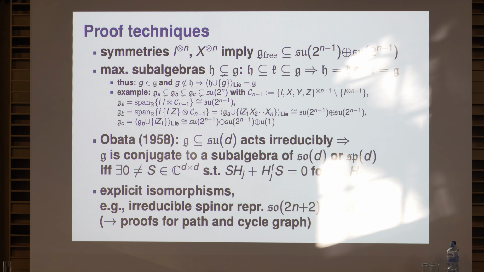And in low dimensions, sometimes you just write down explicit isomorphisms, for example for SO(2n plus 1), irreducible SO(2^n), and you can really establish the isomorphism. In principle you need to check all the commutators, but these have been known for quite a long time, and they are critical for the perfect cycle graph.